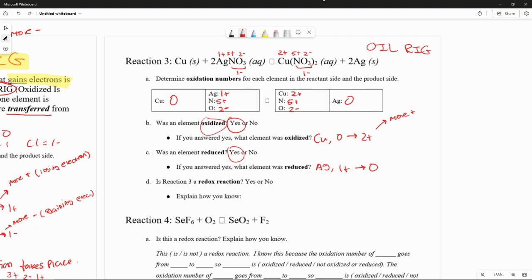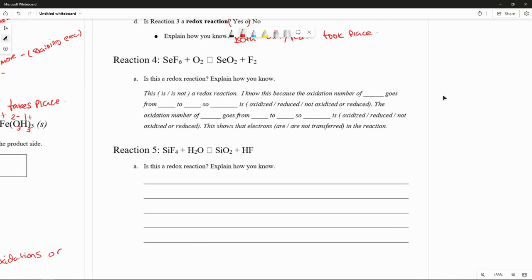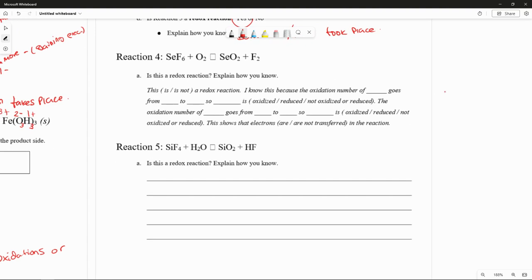So we have both oxidation and reduction, so we can confirm that it is a redox reaction because both oxidation and reduction took place. All right, let's take a look at the fourth problem. That is rather simple.